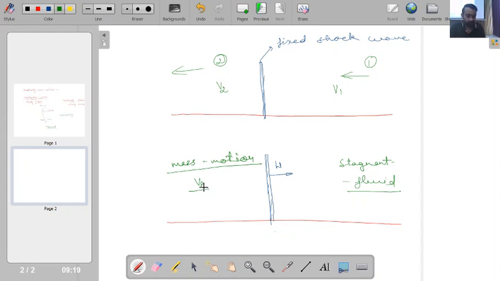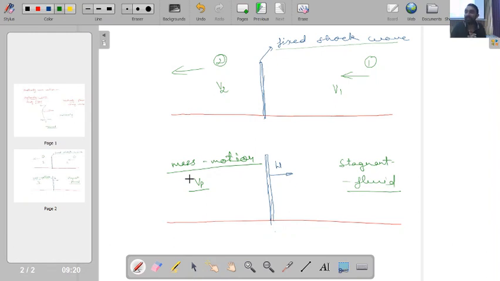Now if you have to analyze this situation, in the first case our shock wave was fixed, and the fluid was moving at velocity v1, and here I was getting velocity v2. Now say my situation is such that in the stagnant fluid and mass motion I am getting a similar set of parameters.